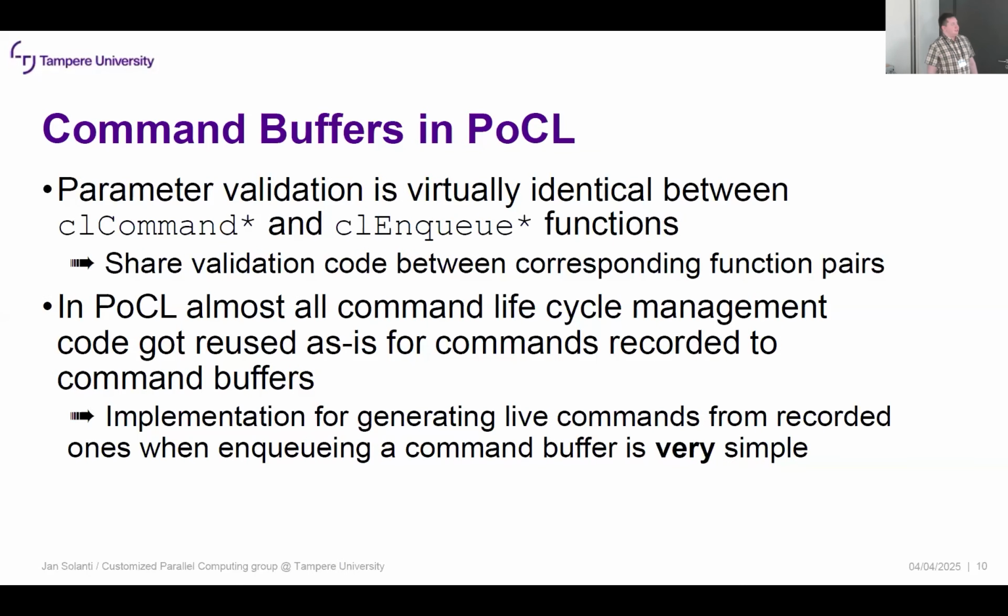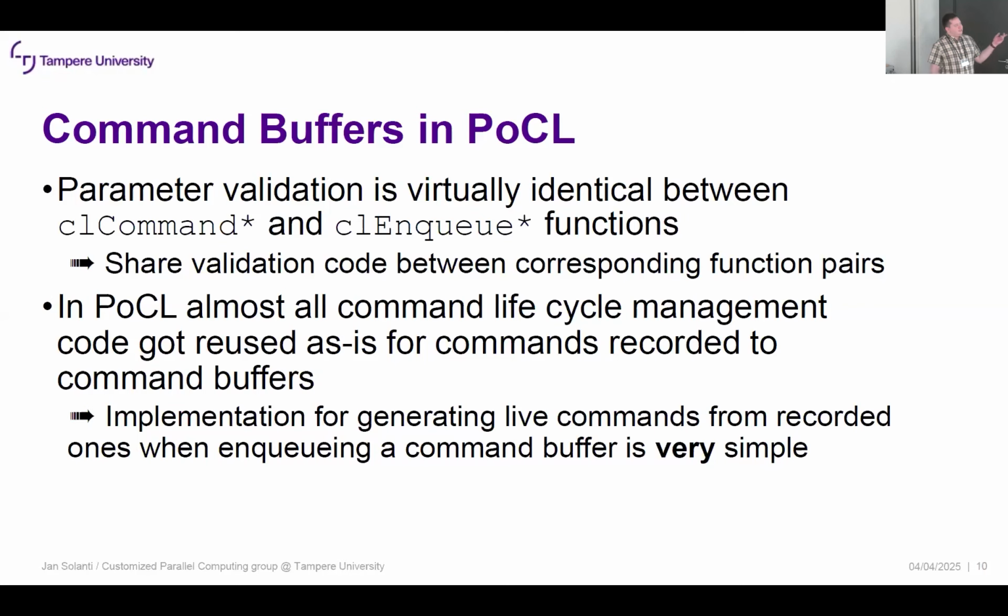And in POCL, it was also very similar. The conditions for the parameters to be valid are basically identical between the command buffer and direct enqueue versions of the functions. So the code for doing that is shared for like 99% basically.